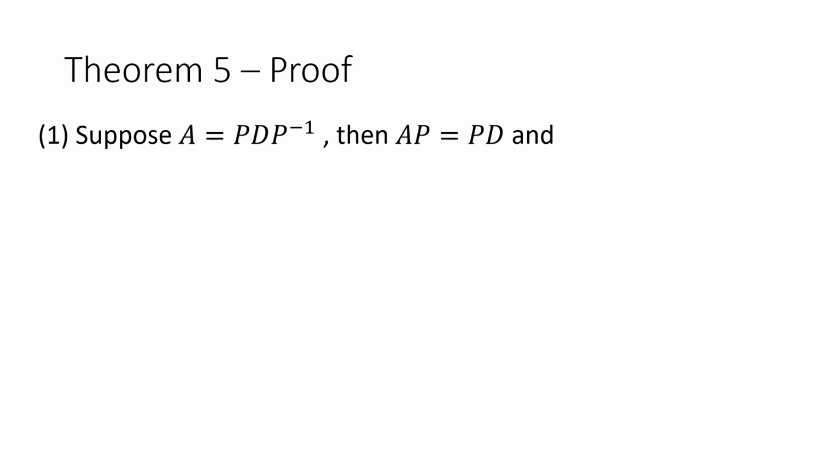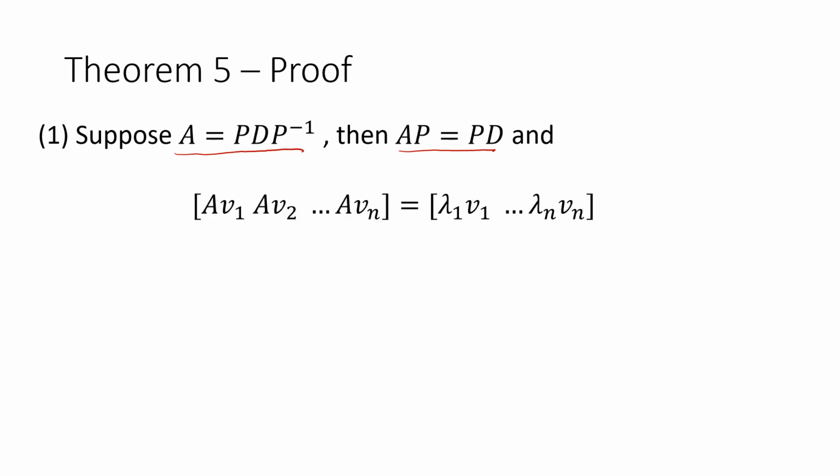So let's suppose that we have a matrix A that is diagonalizable. So it's similar to a diagonal matrix. That means that AP equals PD, just rewriting the equation a little bit. And from the previous statement, we saw that this means A times v1, A times v2, and so on.